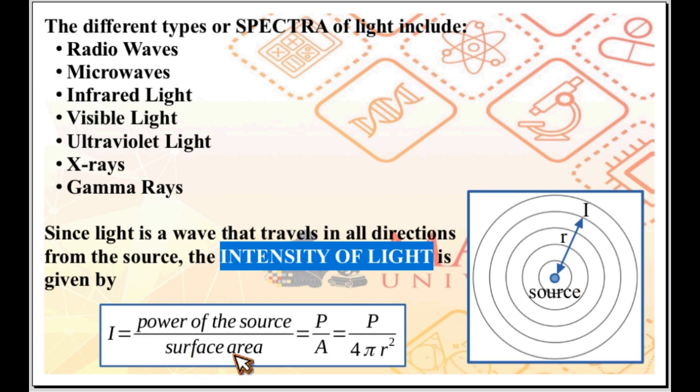Surface area of a sphere is given by 4 pi r squared, where r is the distance of the point from the source, and I is the intensity of light at that particular point. I is equal to power of the source divided by 4 pi r squared. And the farther away from the source, the bigger the denominator, the smaller the intensity of light gets.